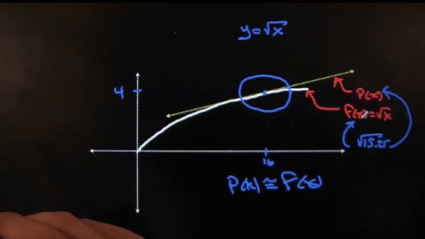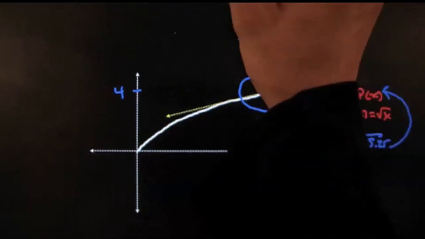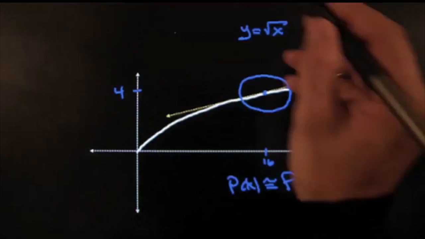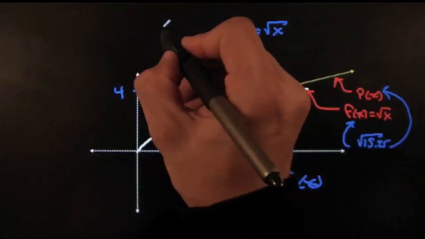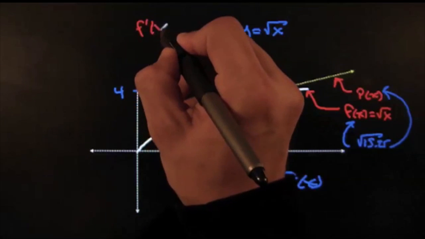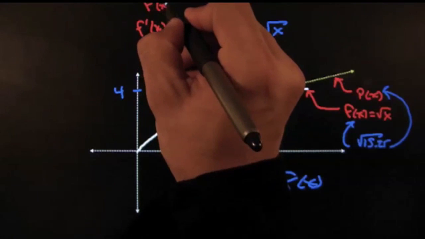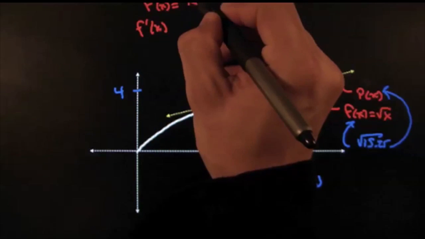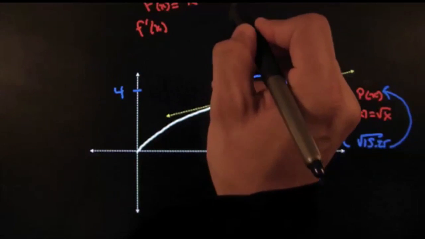Let's actually do it. Can you think about f prime of x? If f of x is equal to x to the 1/2, which is the square root of x, how do you take the derivative of it?